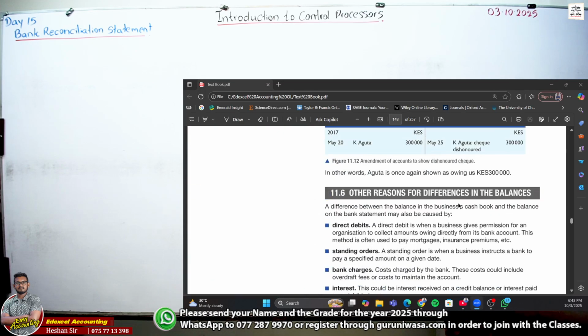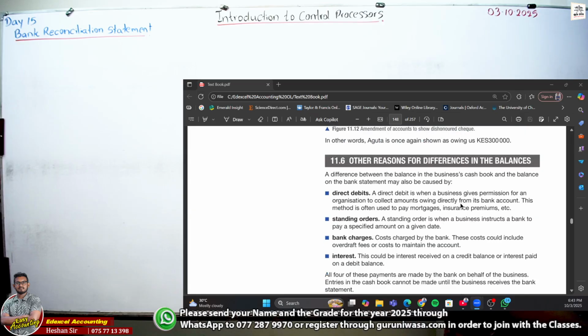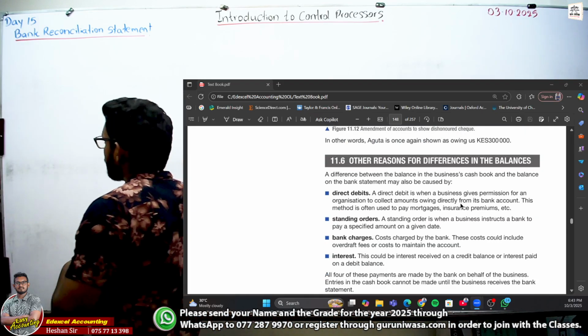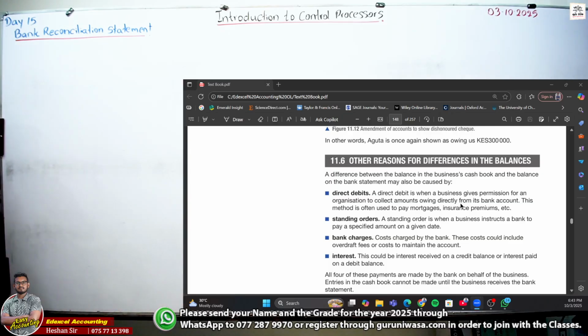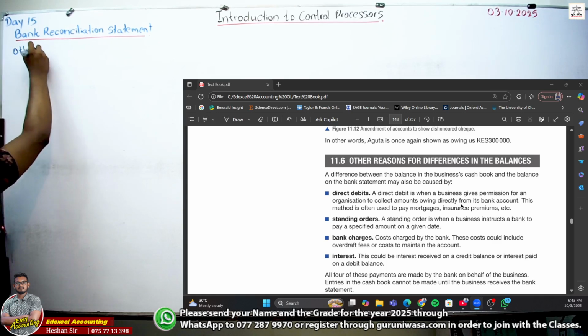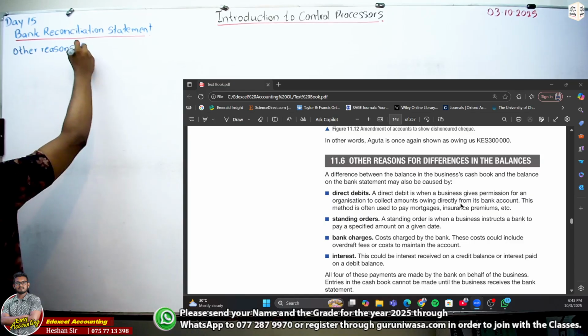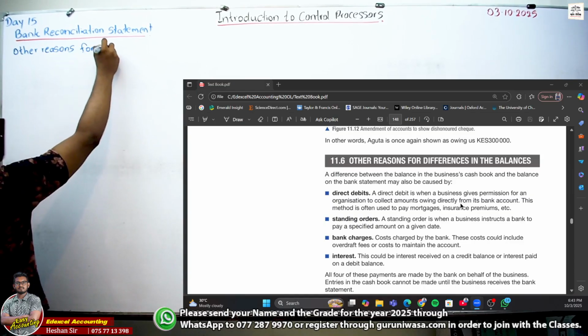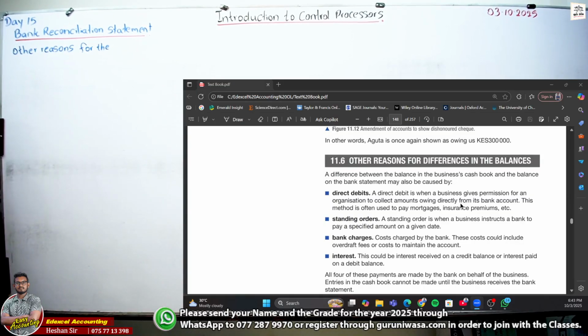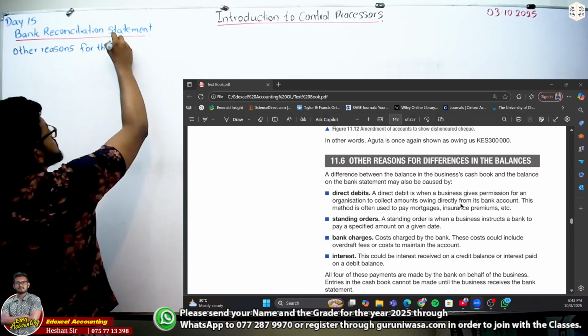Okay, so we have discussed the other reasons for the differences in the balance. Let's write a small note. Write: other reasons for the differences in the balances.